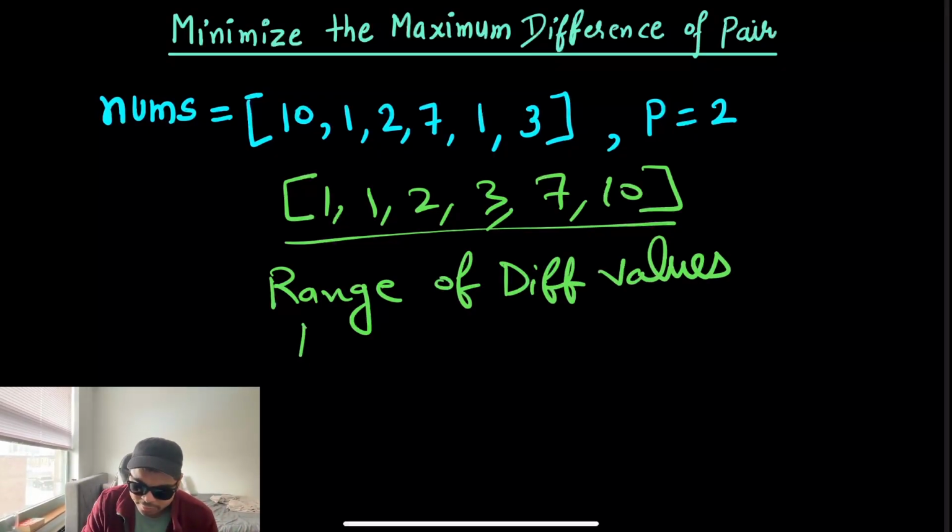Don't you think that will be the maximum difference out of these pairs, whatever pair we can make in this sorted array? So I think that will be 10 minus 1, that is 9, and the minimum over here would be, I guess, 0. In most cases that would be 0.